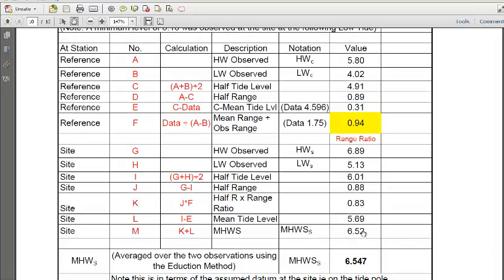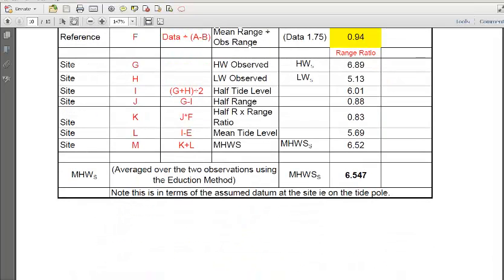So slightly different, 20 mils different. And here we now just take the mean of our two that we've determined by the adduction method, and 6.547 is our mean high water springs. This is on the assumed datum at the site.